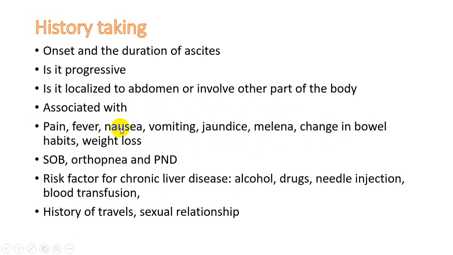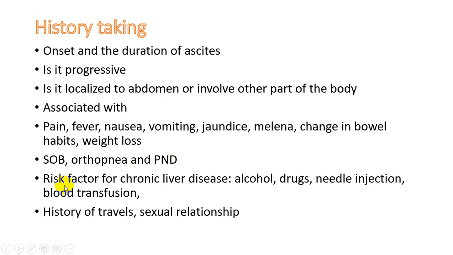If there is any change in bowel habit or weight loss, which may signify underlying malignancy. We should specifically ask about shortness of breath, orthopnea, paroxysmal nocturnal dyspnea, which could signify underlying cardiac failure or cardiac disease.